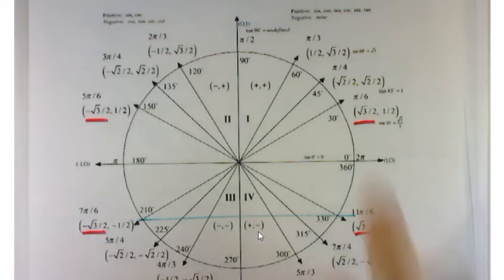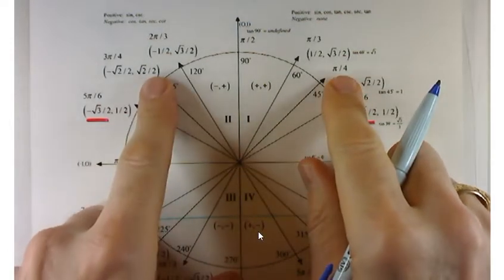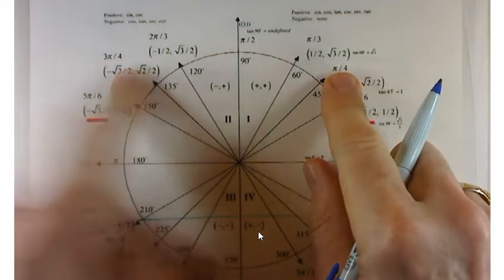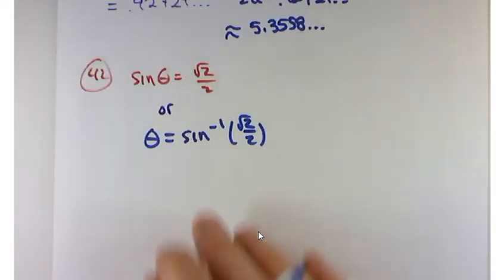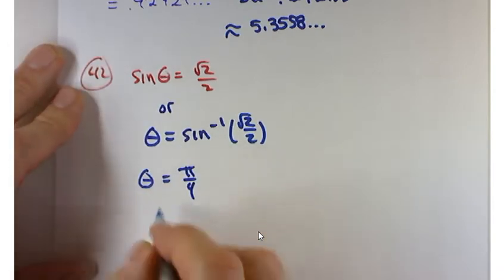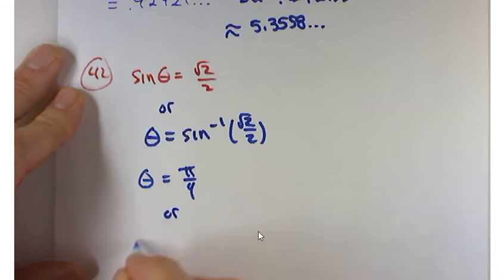Good. 45 and 135. Or in radians, pi over 4 and 3 pi over 4. So let's start there. So theta equals pi over 4, or theta equals 3 pi over 4.